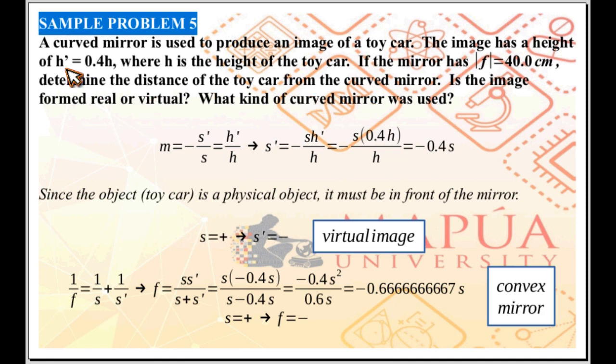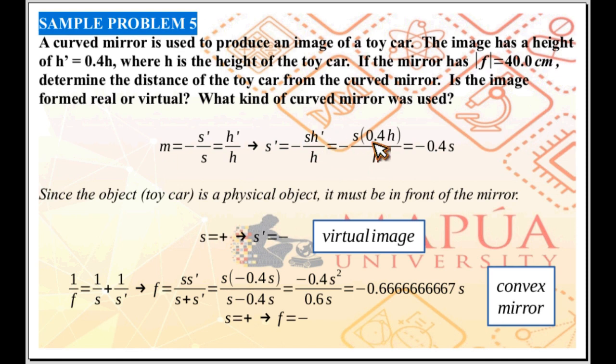We are given h prime is equal to 0.4 h. So let's use the lateral magnification equation. M is equal to negative S prime over S is equal to h prime over h, which will give us S prime is equal to negative S h prime over h.